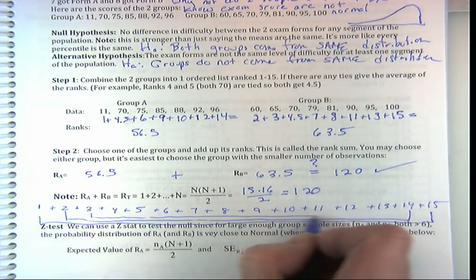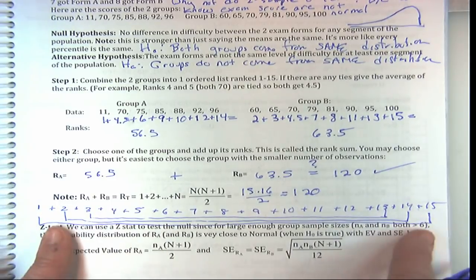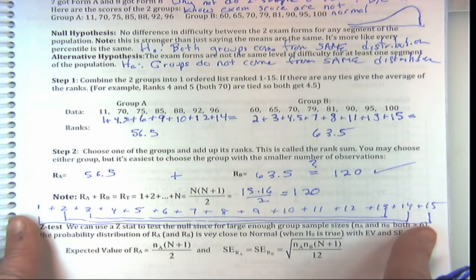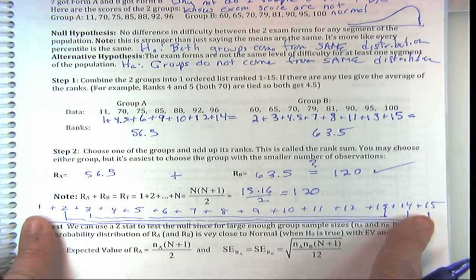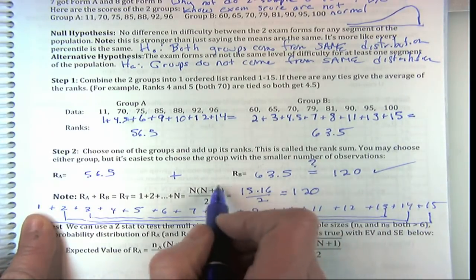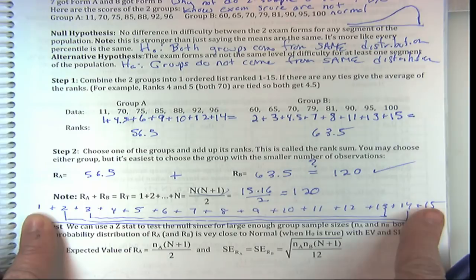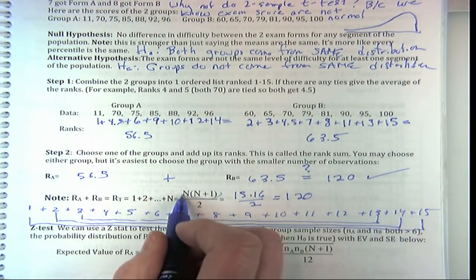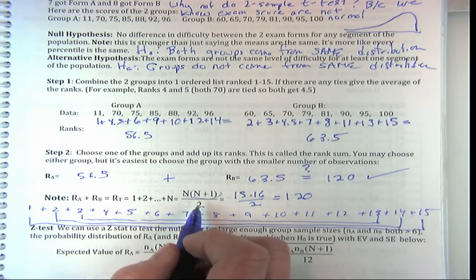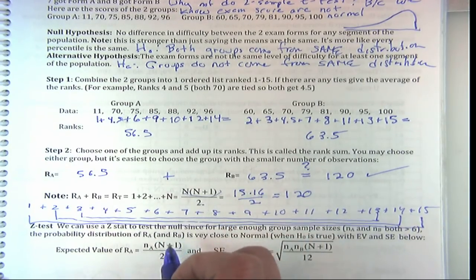So he did this, and he realized, okay, so that's n plus 1. How many of those n plus 1s do I have? How many 16s do I have? Well, half the numbers, so it's n over 2. In his case, it was 100 over 2, which is 50, times 101.